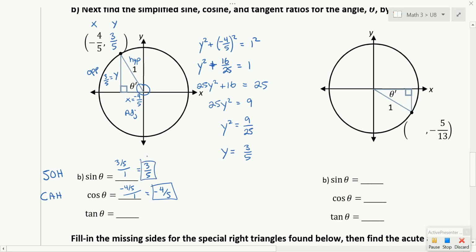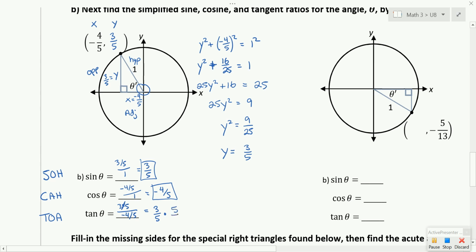And then the one that could be a little tricky, but you guys can handle it, is tangent, which is opposite over adjacent. And the opposite is 3 over 5, and the adjacent is negative 4 over 5. So you have a fraction divided by a fraction, and don't leave it like that. You want to simplify this. So your numerator you leave the same, and you multiply it by the reciprocal of the denominator.